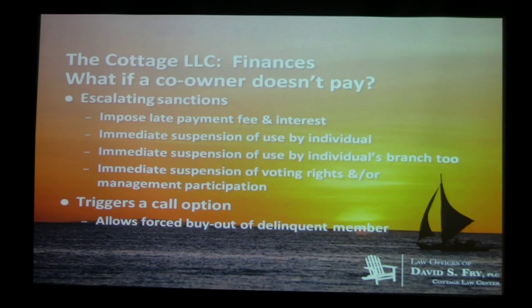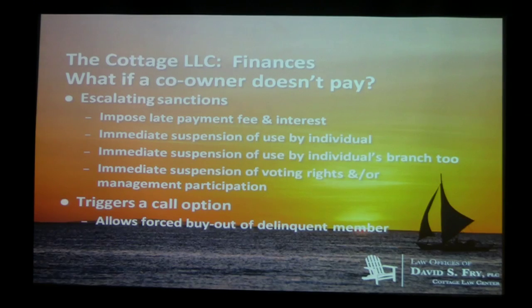More commonly, the approach that families take is to immediately suspend the use rights of an individual who is delinquent. And that is not only a motivational tool, it is also a conflict avoidance tool. Because I can assure you, if somebody is delinquent and still uses the property, other family members have to pay not only their own share, but they have to make up for the delinquency.